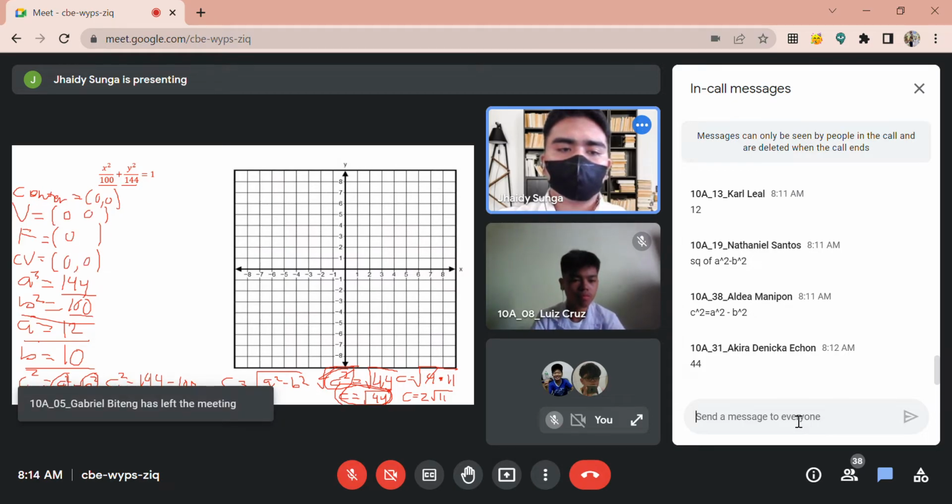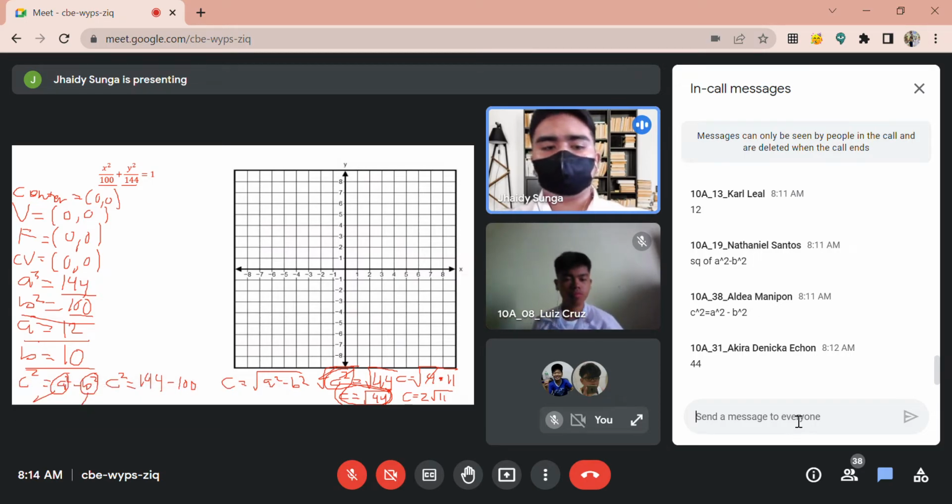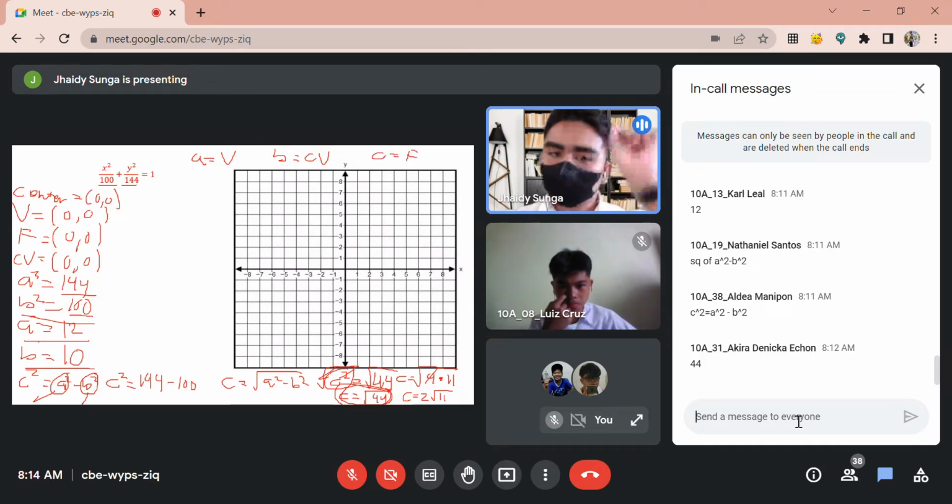From your center, you are going to add the values of A, the vertices, and B, the co-vertices, and C as your focus. We're going to add these values to your center. So what is the center? 0, 0.